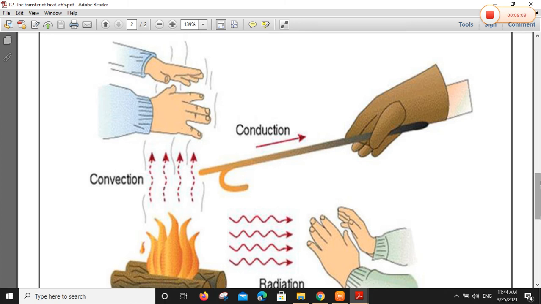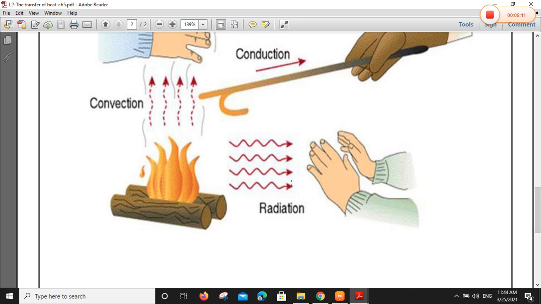But what about radiation away from the fire? Radiation doesn't need particles to transfer, so radiation is a way that the heat energy of the fire is transferred to the hands.